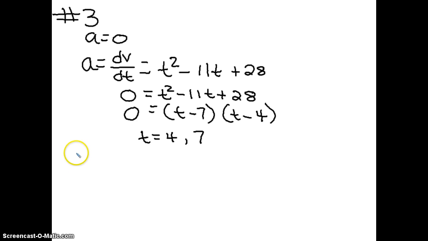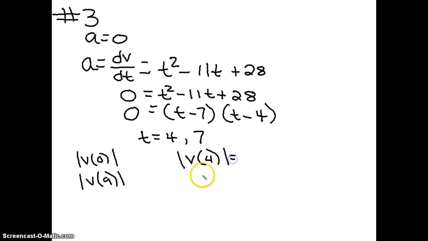So what we're going to do is check the speeds at 0 and at 9, because that's the beginning and the end of the interval. And then we're also going to test it at the 2 places where the acceleration is 0. That's it.